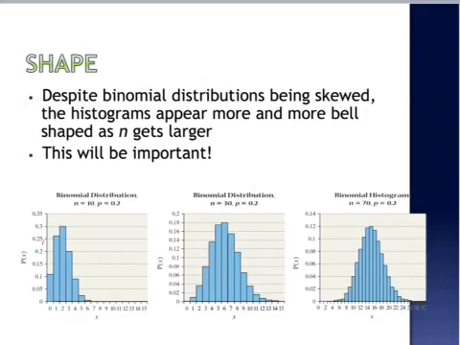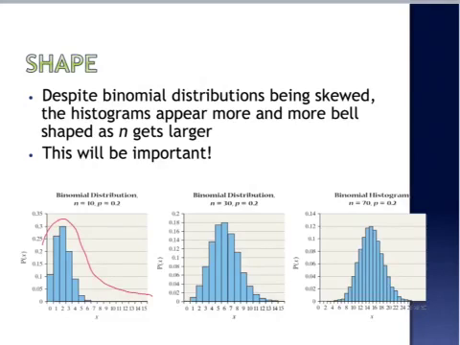We saw this earlier, this was a skewed right distribution. If we go to the middle graph, we see n increasing to 30, meaning we're repeating the trials 30 times versus only 10. And then in the final picture, we increase it all the way up to n equals 70.